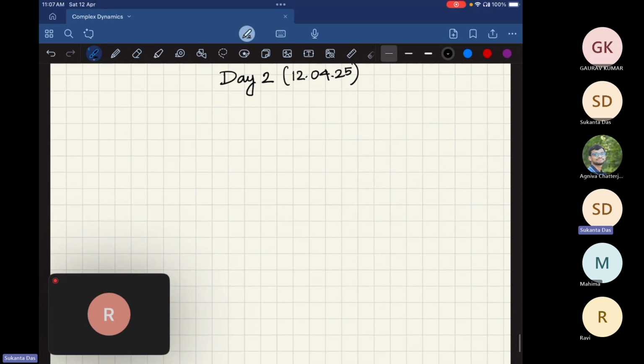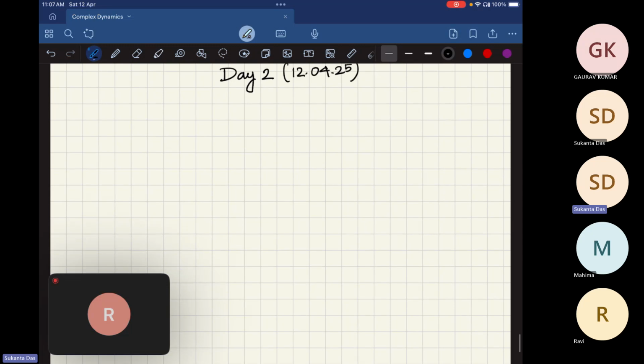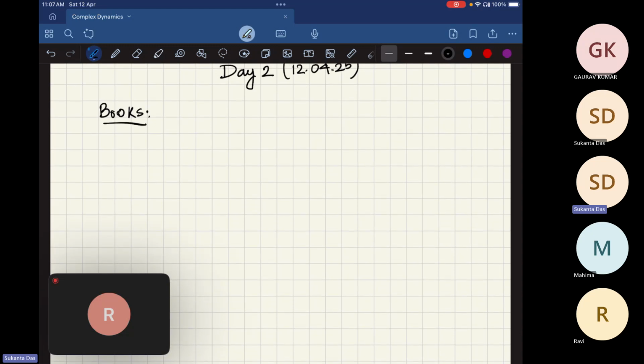Okay, so maybe I should mention here, I should have done this in the first talk, that the books I'm referring to are the sources my talks will be coming from.